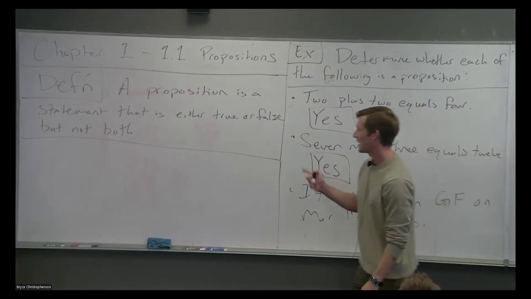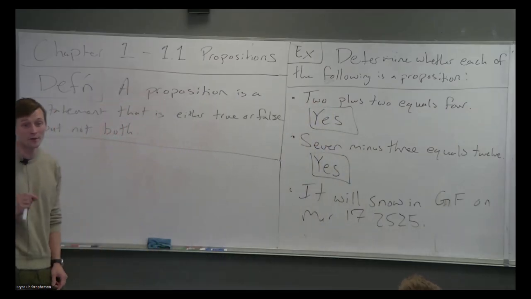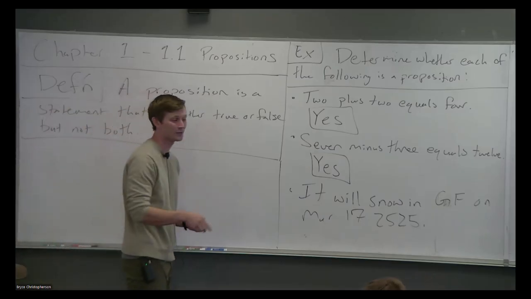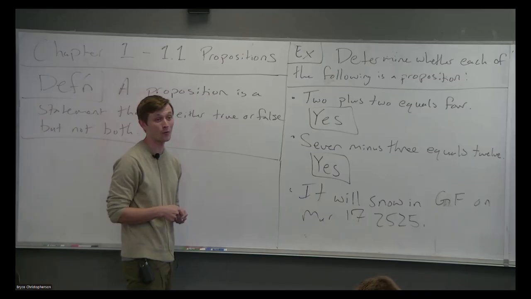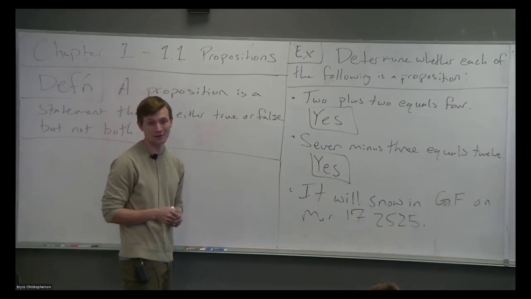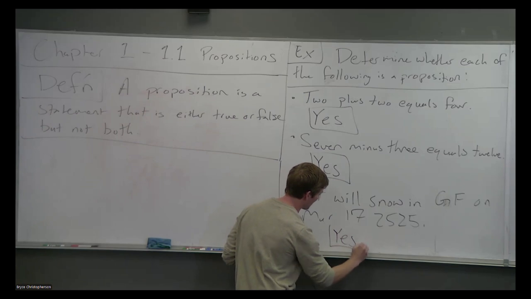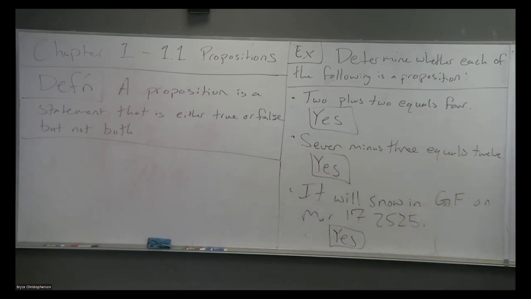A proposition is a statement that is either true or false. It is not a statement that you necessarily know whether it is true or false. But it has to be one or the other, right? So it is a proposition. Yes. It either will snow in Grand Forks on March 17th, 2525, or it won't. There is no other possibility. Yes, it is a proposition. It is one we just do not know the truth value of.